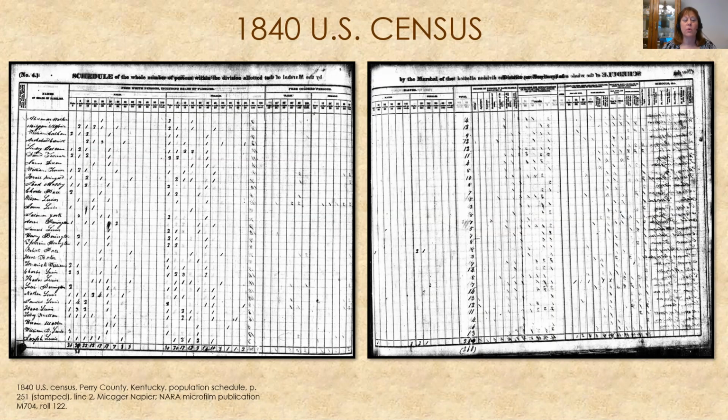And the vocational questions were not just agriculture or manufacturing, as in the past. In 1840, the census takers were instructed to note the number of persons in each family employed in mining, agriculture, commerce, manufacture and trade, navigation of the ocean, navigation of canals, lakes, and rivers, and learned professional engineers.